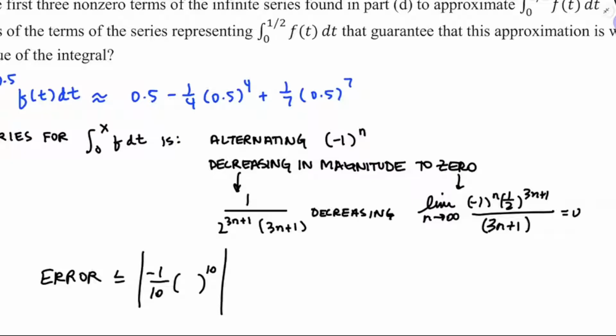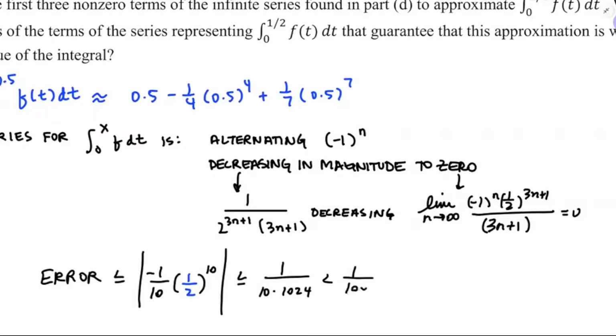That's definitely less than 1 over 10,000. 2 to the 10 is 1024. So that's less than or equal to 1 over 10 times 1024, which is definitely less than 1 over 10,000.